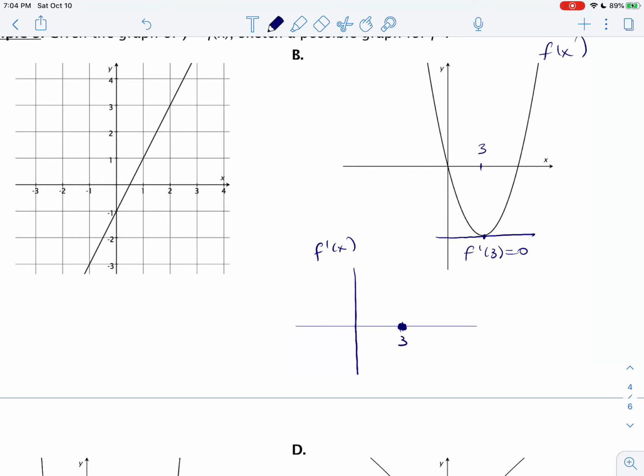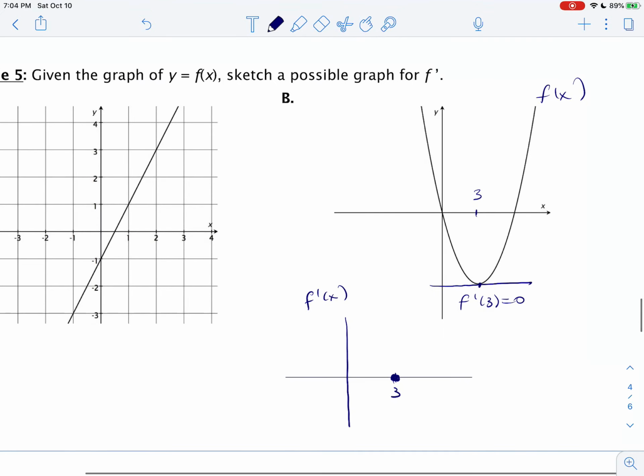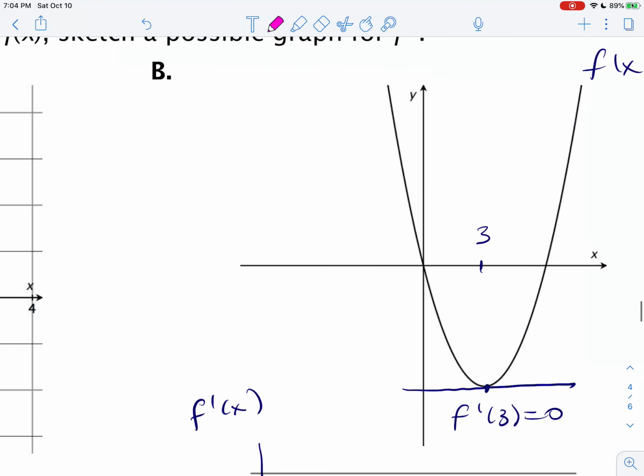Okay? And then I'd start playing around by drawing little mini tangent lines on either side of x equal to 3. So I start noting on the left-hand side over here at minus 1, even though it's really going to negative infinity, I have a really steep negative slope. That might be like minus 10.